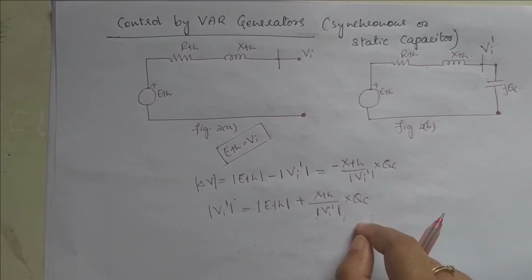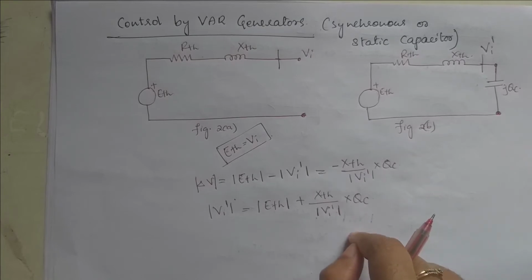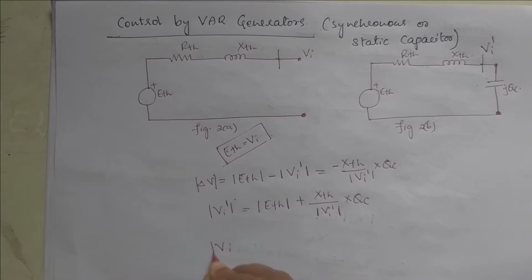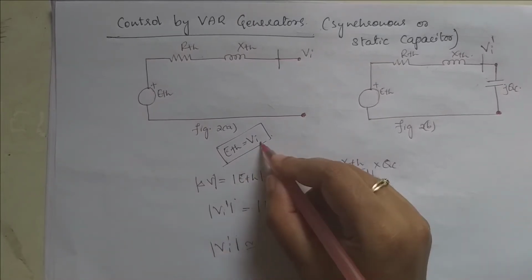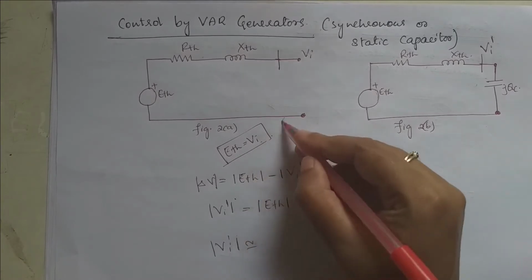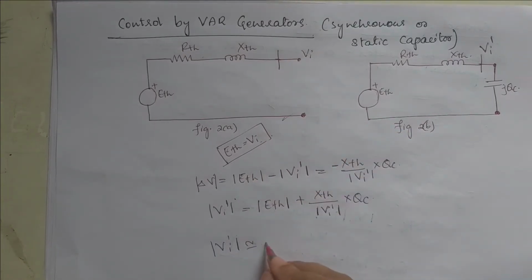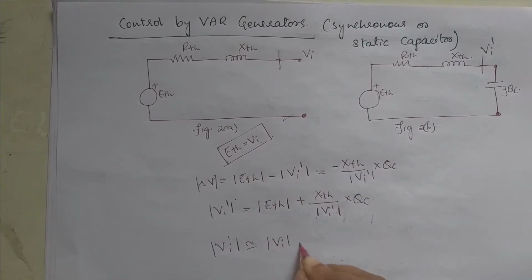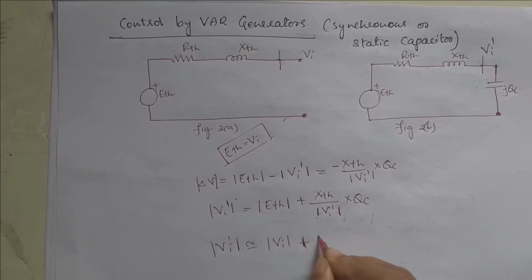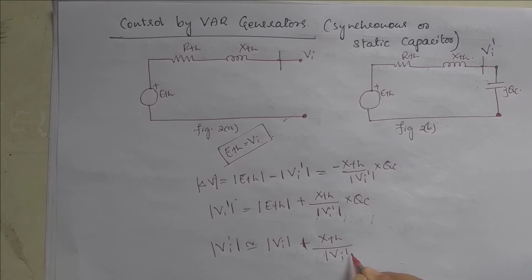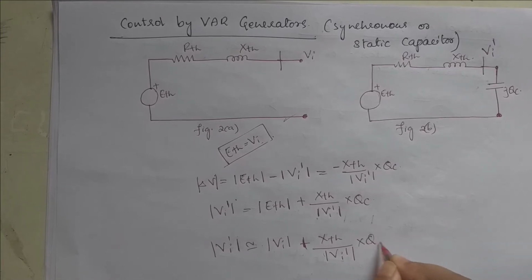Then VI dash is nearly equal to ETH, which is equal to VI considering the first circuit. So we will take it as VI plus XTH divided by VI dash into QC.